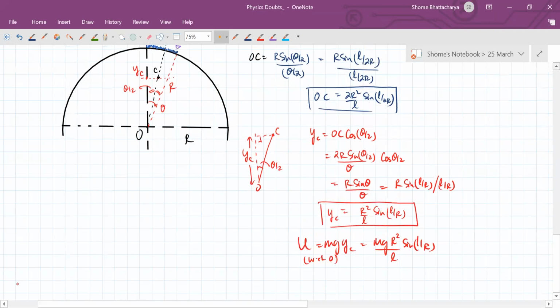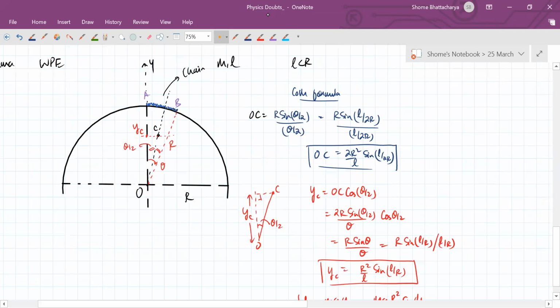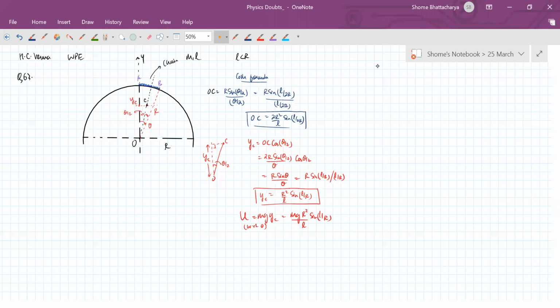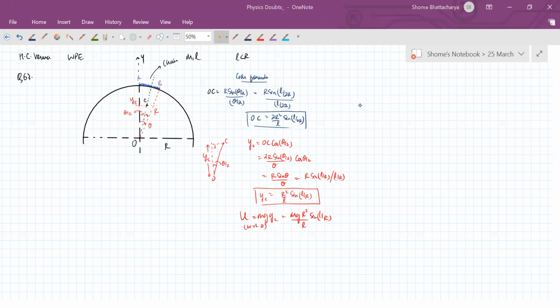I'll also show you the integration method next. Shravani and Shikhar, hope this question is clear to both of you. This part is clear to both of you.